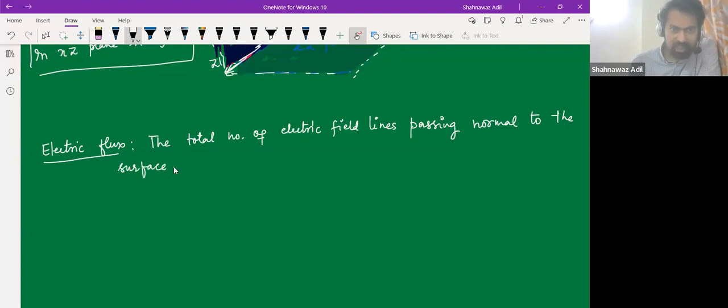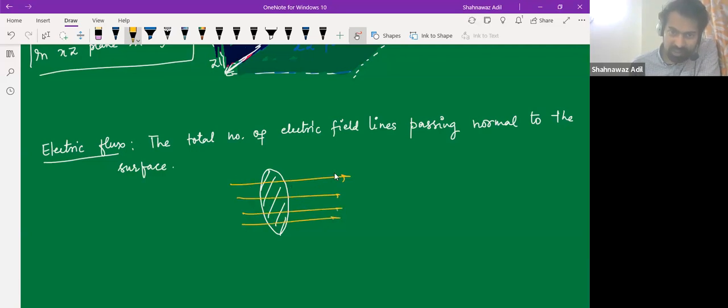These are called the electric flux. If we have this disk, and these are the number of electric field lines passing through this area, how many electric field lines are there? Sir, 4. Yes, 4. So electric flux would be 4, right?